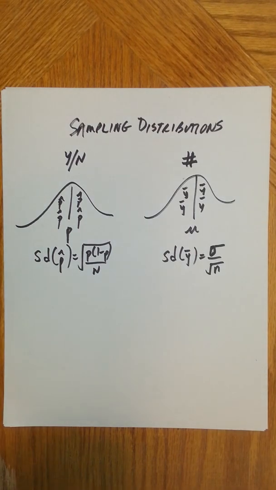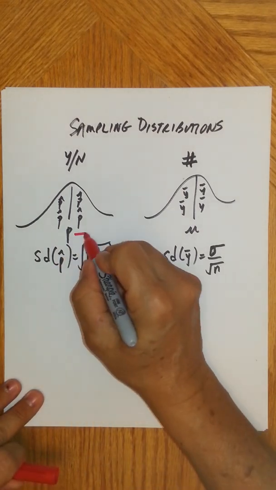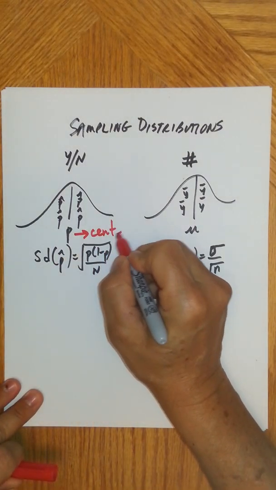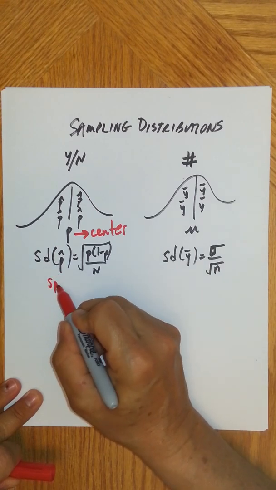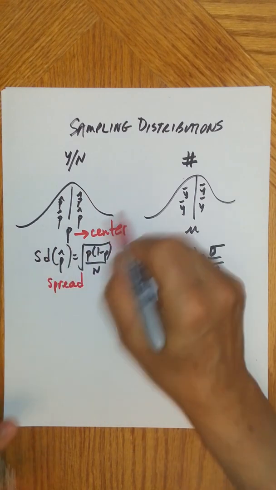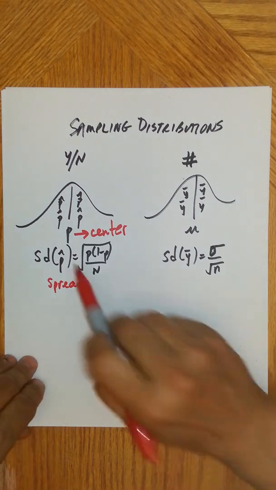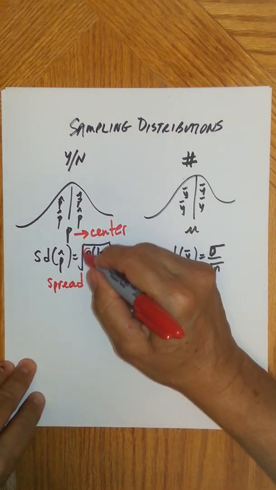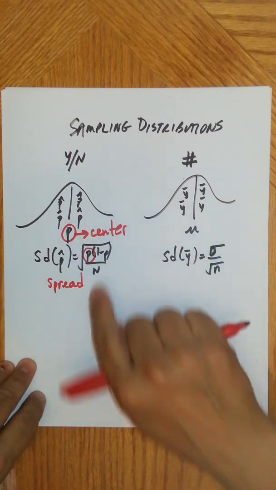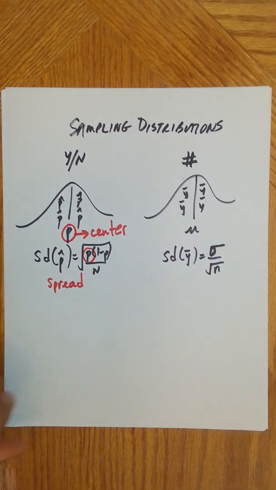All right. Well, what you can see is that p is the center of the distribution, and the standard deviation is the measure of spread of the sample proportions around this center, which is the mean p. You can see that the mean here is in its own measure of spread. So these two move together. Once you know p, you also know how the standard deviation moves. So they're linked.